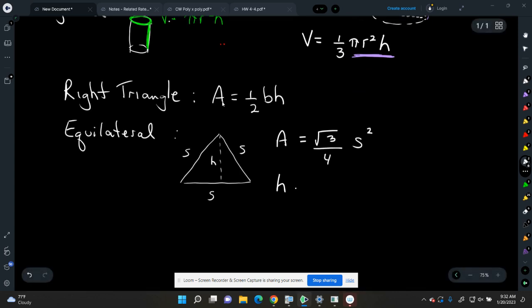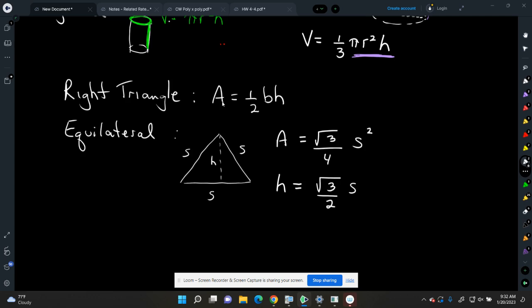We can find the height of the equilateral triangle by taking the square root of 3 over 2 S. That's the height of the equilateral triangle. I think that's all the formulas that I would expect you to know. And the equilateral one, I'd probably give it to you, and I'm pretty sure they would give that to you also.